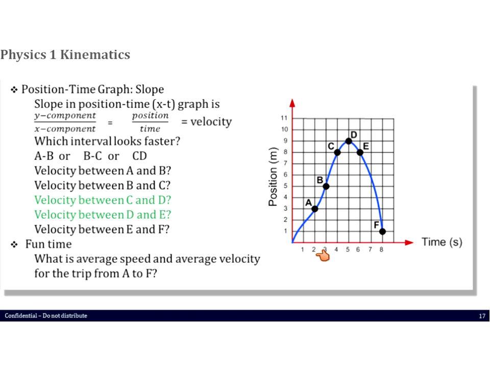Now the tricky part. What is average velocity? Before that, tell me what is the displacement. The person started from A, went all the way to F. What is the displacement?